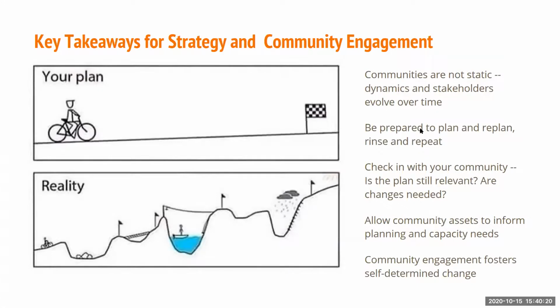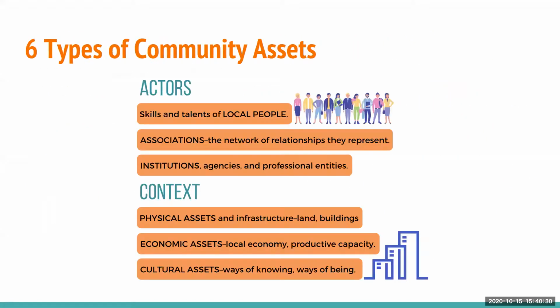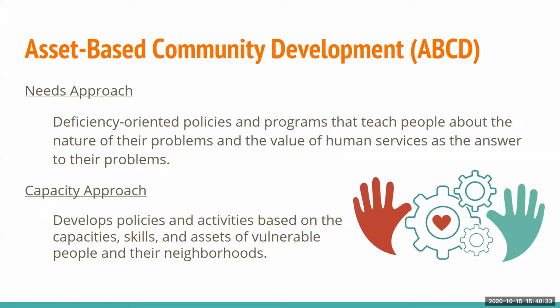Yes, thank you very much for this presentation. Asset-based community development is great, and I've done some reading on it. My question is, it is such a switch for many people from the way things have always been done.